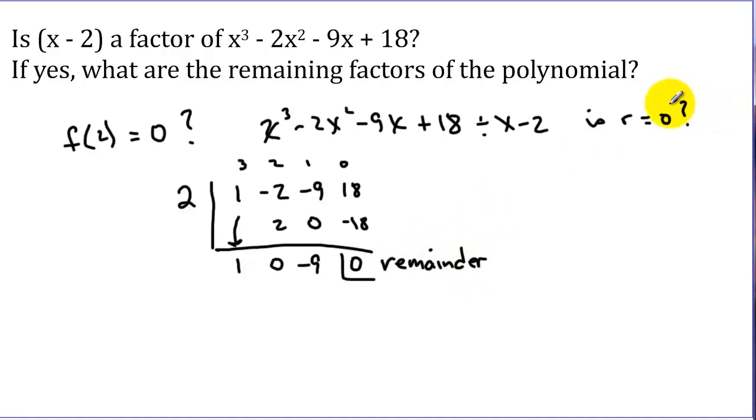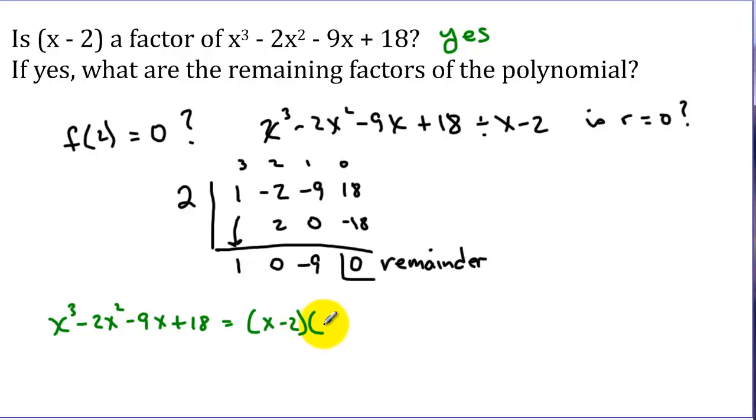So since we got a remainder of 0, our theorems tell us that the answer to the question, is x minus 2 a factor, is yes. And since x minus 2 is a factor, this is what's left over. So we have also determined that if we take x cubed minus 2x squared minus 9x plus 18, we can factor out an x minus 2.